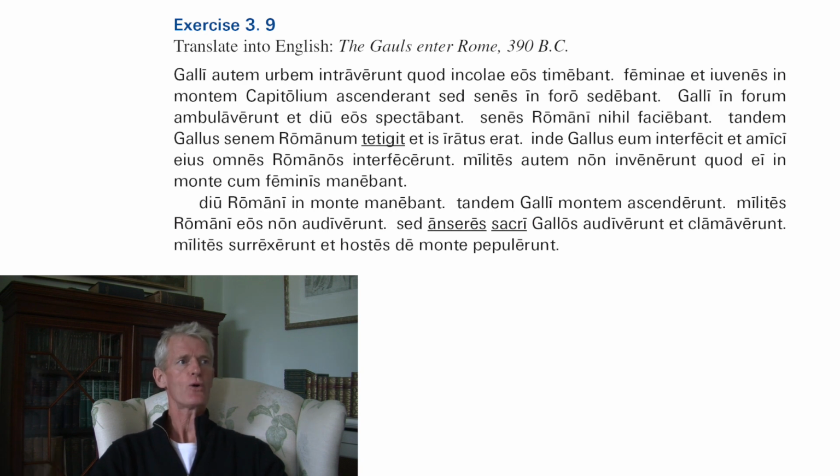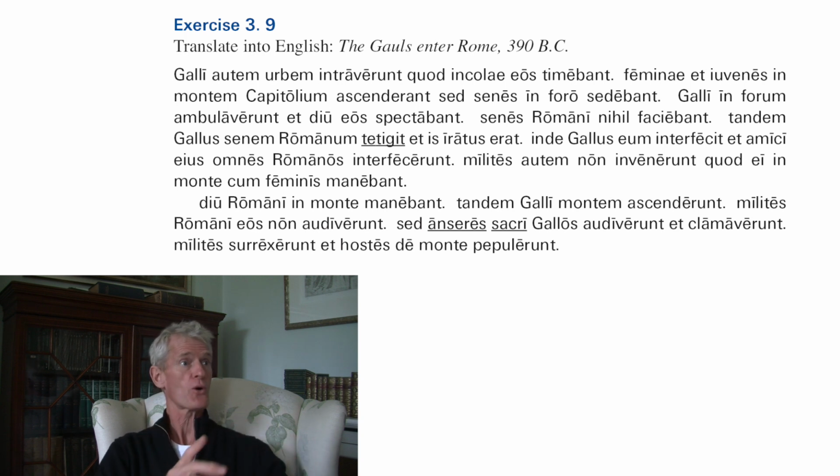Milites Romani eos non audiverunt. Okay? Now, milites, we nearly fell down a heffalump trap with that earlier. So it's either nominative or accusative plural, and we don't want to make a fool of ourselves at this stage. So we'll just eyeball the verb. We've got audiverunt, they did not hear. And we've got milites Romani. So it could be the Roman soldiers did not hear, or it could be the Romans did not hear the soldiers.